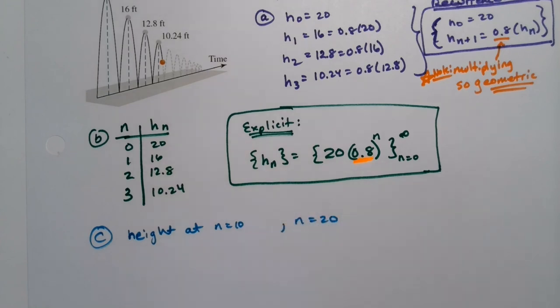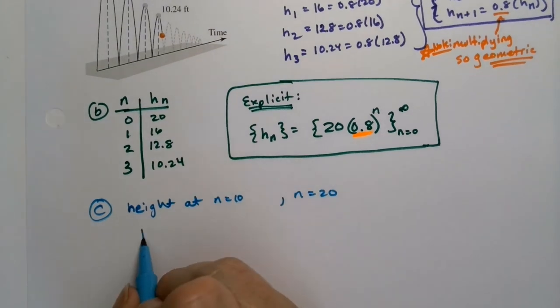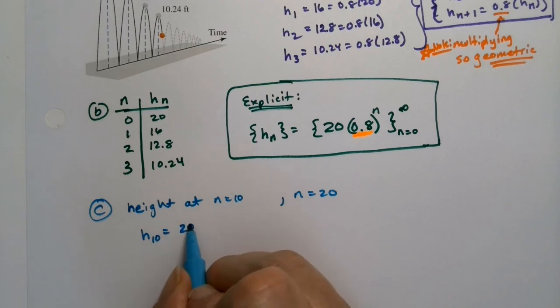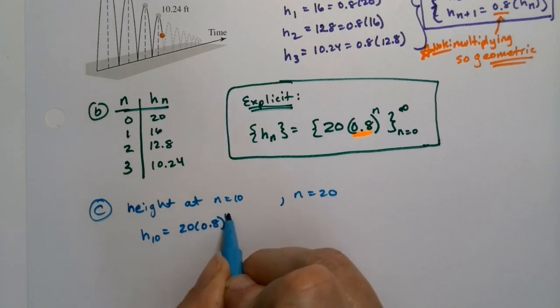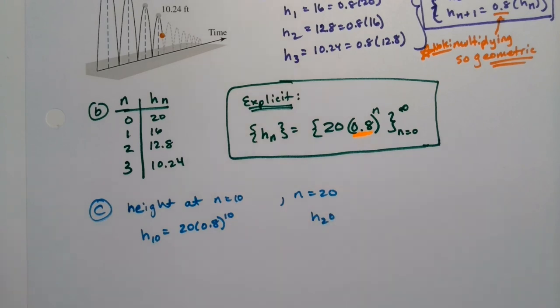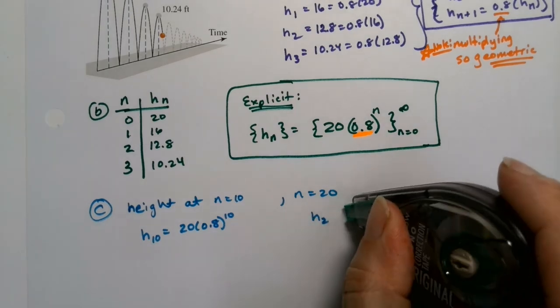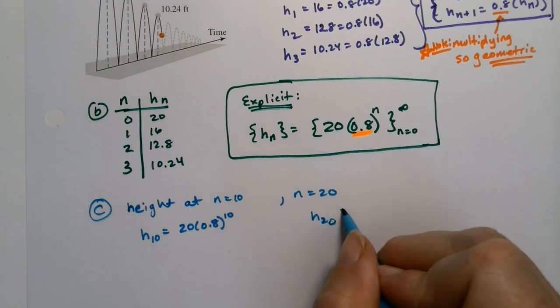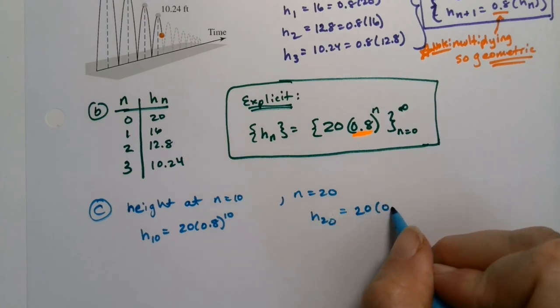So h sub 10 would be equal to 20 times 0.8 to the 10, and h sub 20 would be equal to 20 times 0.8 to the 20.